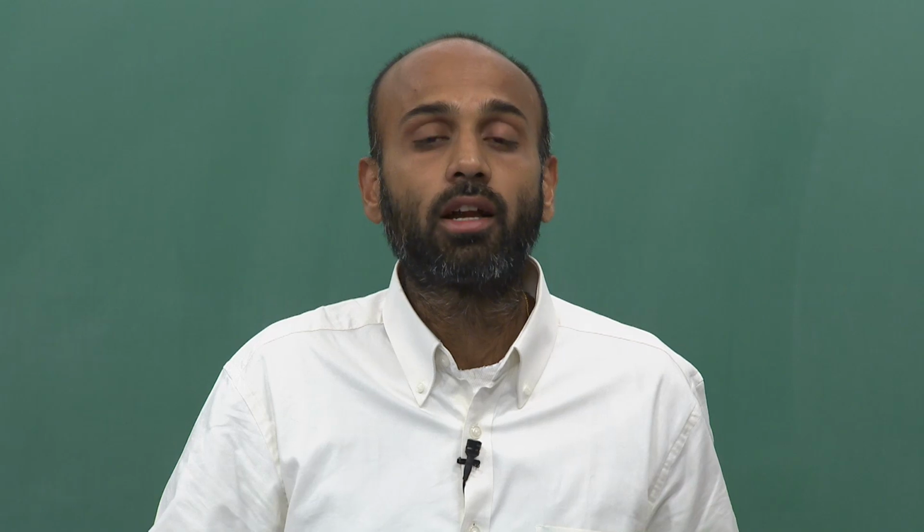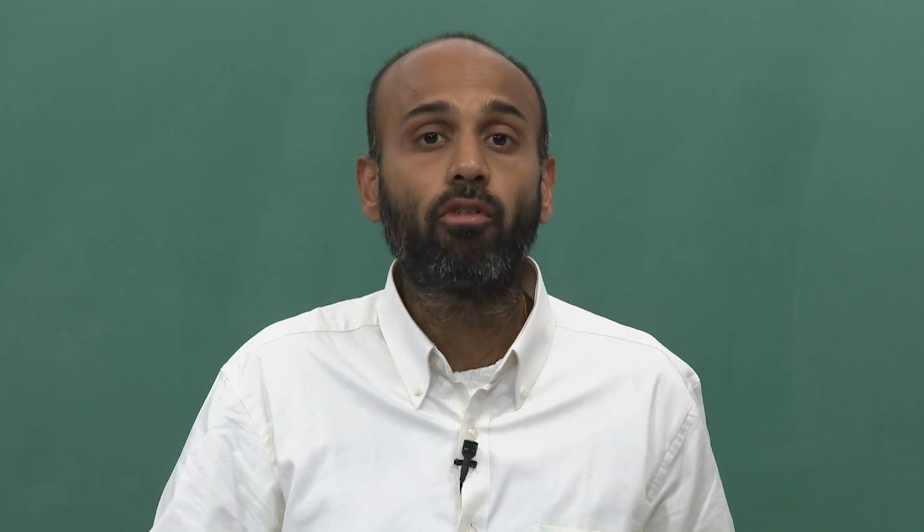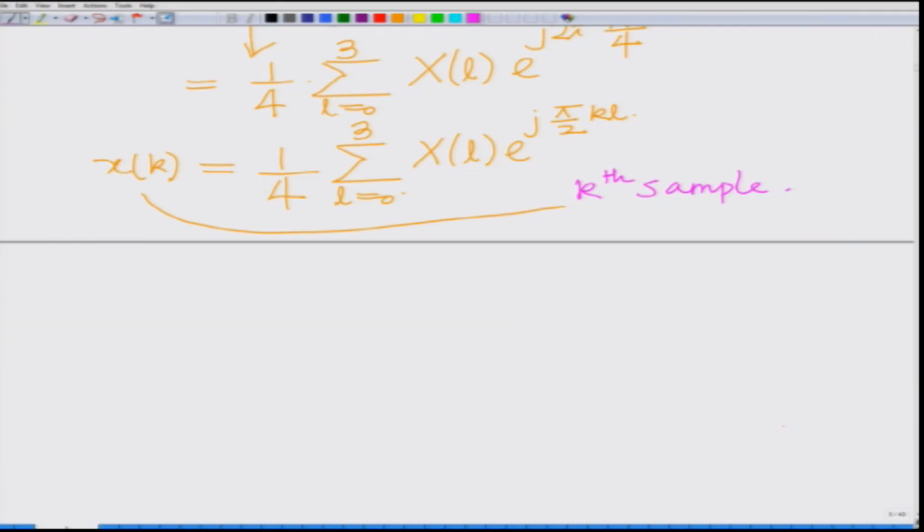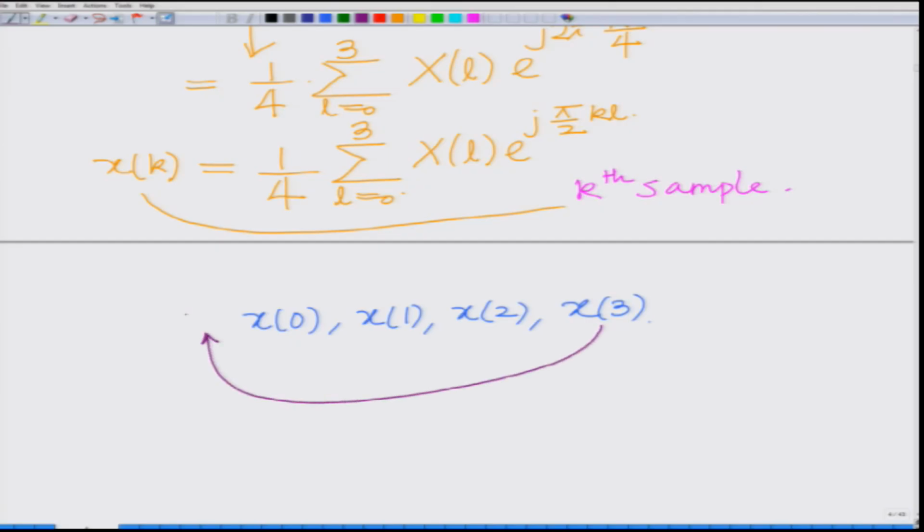Now these samples are transmitted over the channel subsequently, but before transmission there is another important operation to be performed, as follows. We have the samples x0, x1, x2, x3, and what we are going to do is take the last sample x3 and place it again before x0.